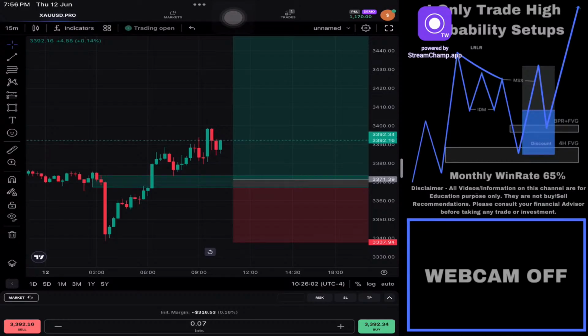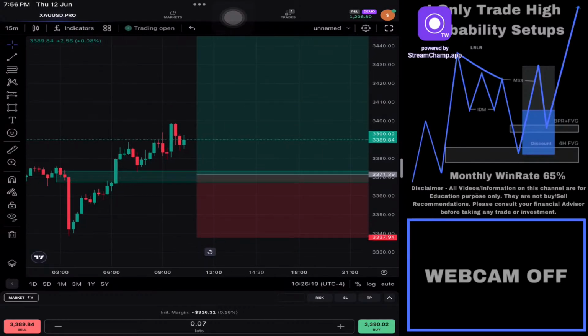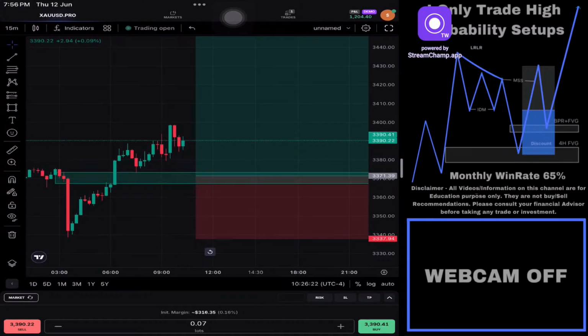If the market goes by, maybe from there we will miss the trade. No, not miss the trade, but we will still be waiting to create a new higher high. Then we will play the next trade.